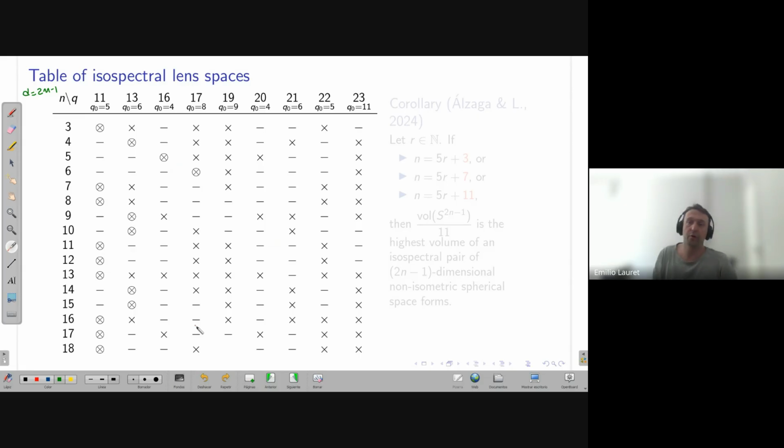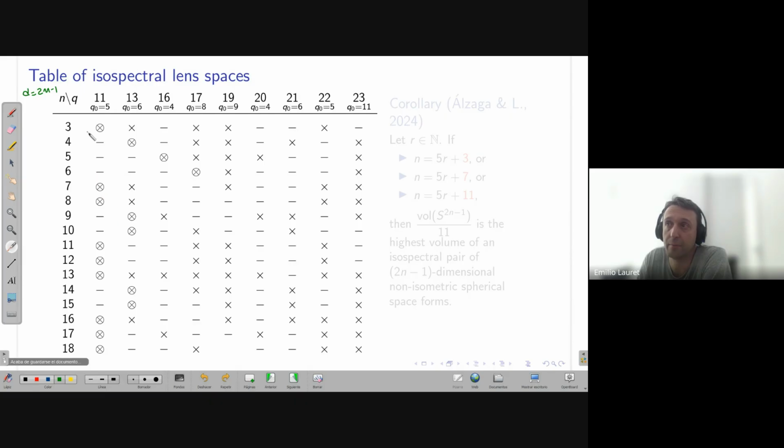If you fix n and q, you always have finitely many length spaces, and with the computer you can compute all of them, and you can compute whether they are isospectral or not. Not for an arbitrary n and q, but for small values you can do it. And this tensor symbol means that the volume is as high as possible. It's the highest possible.